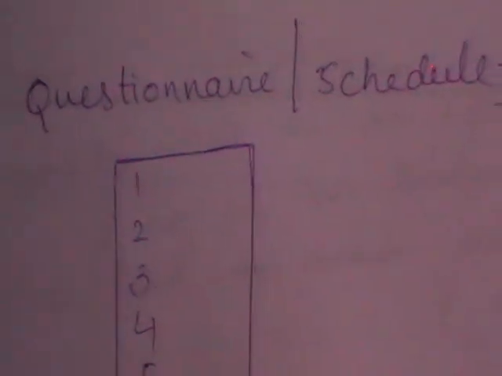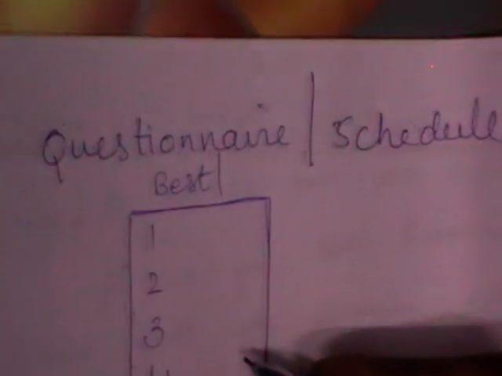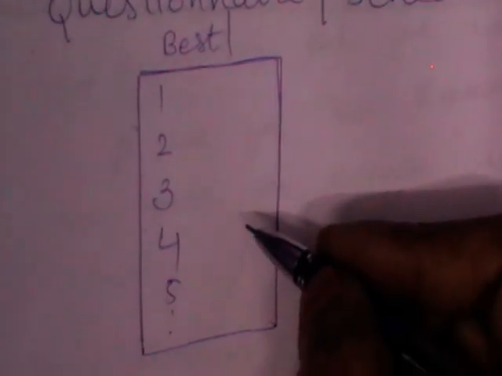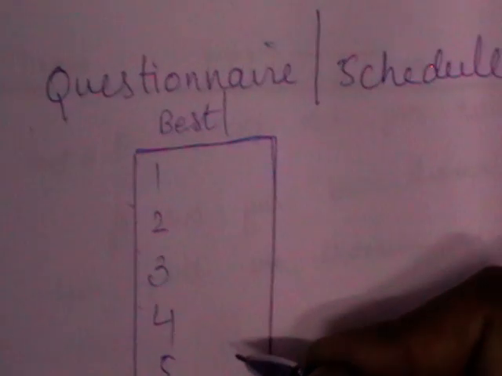So what are the major points you should concentrate on while preparing a questionnaire? The major point to remember for preparing a good questionnaire is that it should not be too lengthy. Even though you require much data, the number of questions should be limited.